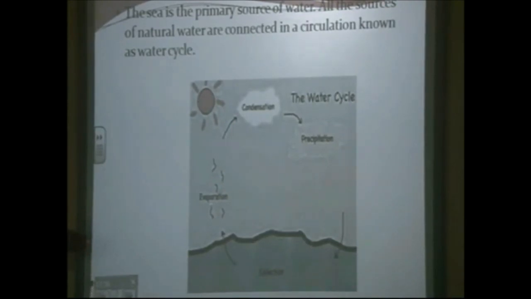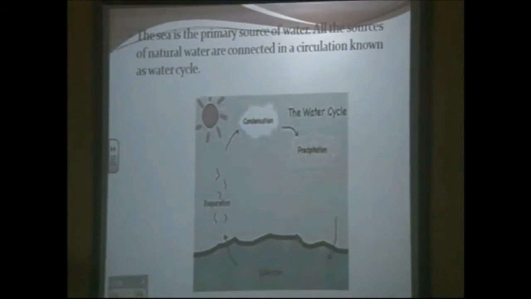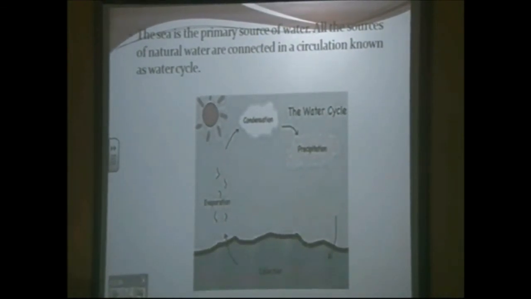And then evaporation takes place again. Condensation, cloud formation, precipitation, rain falling. The cycle continues on and on. This is the water cycle. The water cycle is a process that connects all the sources of water together by the process of what? Evaporation, condensation, and precipitation.